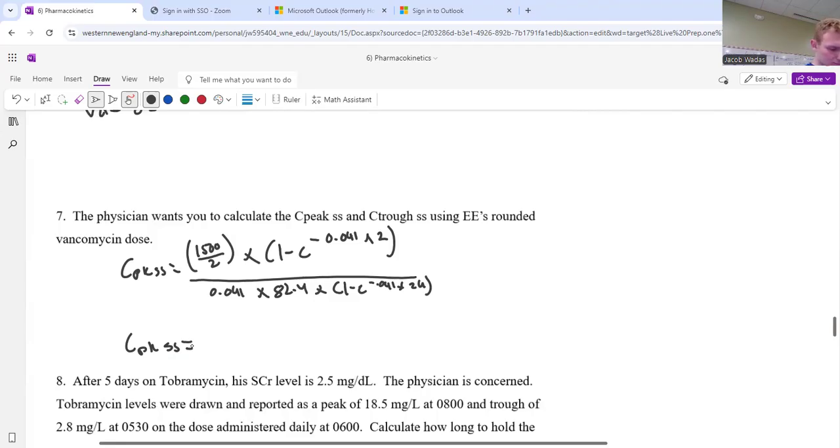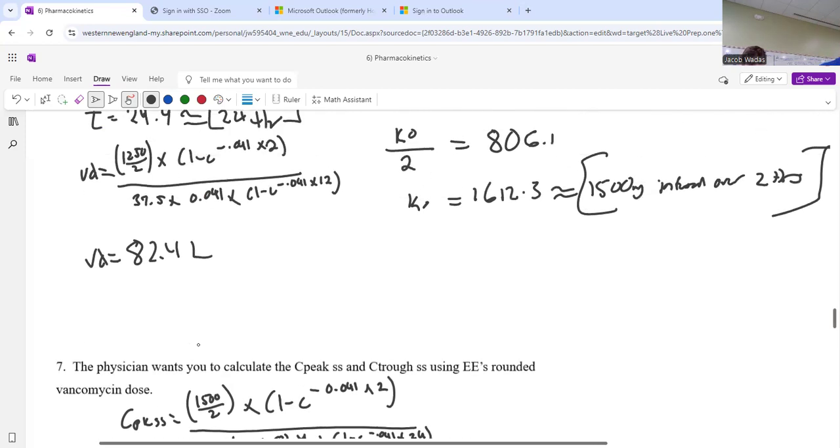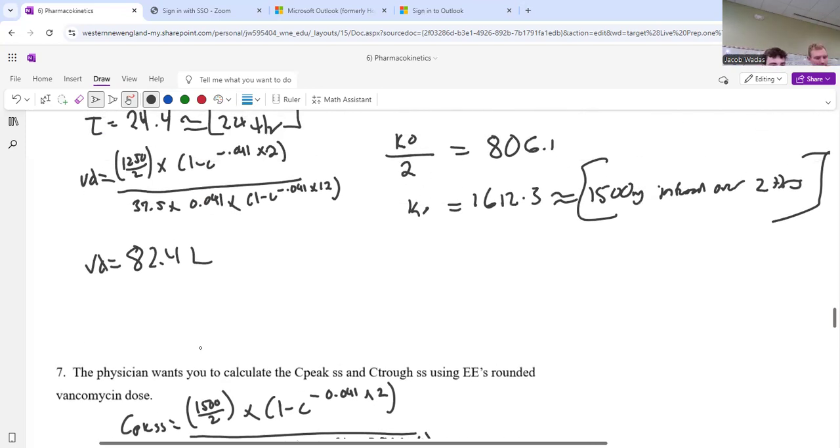7.9. Wait, why did you divide this by two? Yeah, I got the same. The time of infusion is 2 hours.